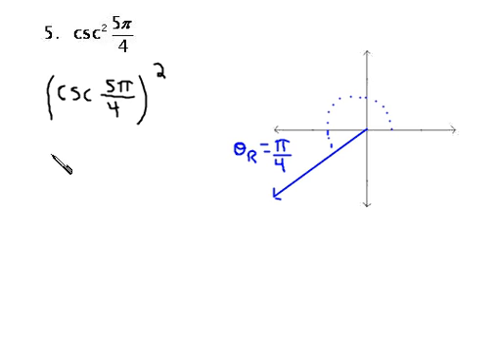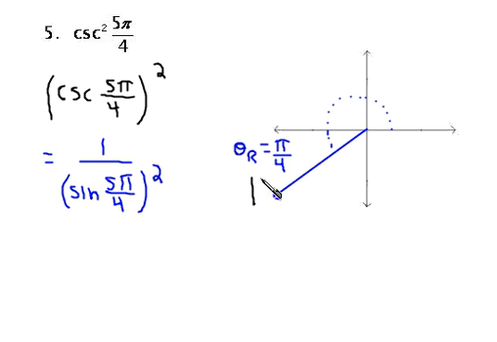Now, as you know, this is actually equal to 1 over the sine of 5 pi over 4, all squared. So I'm going to ignore that for the time being and just concentrate on getting the sine of 5 pi over 4. So this won't be as tidy as some of the earlier ones.